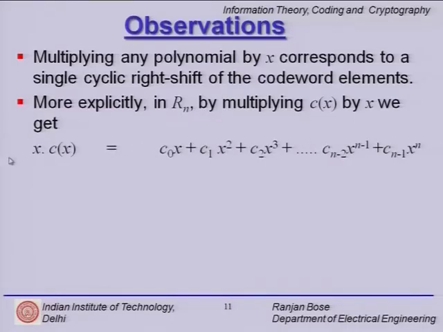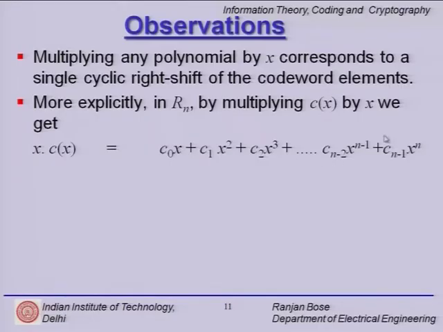So, if you had C(x) as C0, C1x and so on, then x times C(x) is nothing but C0x plus C1x squared plus C2x cubed. Each x has gone up, but now x^n is the highest power, but my C(x), if it were to represent a code word, should have the highest power x^(n minus 1), because there are n elements from C0 up to Cn minus 1.